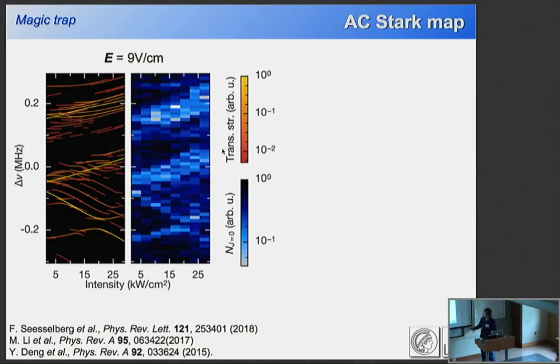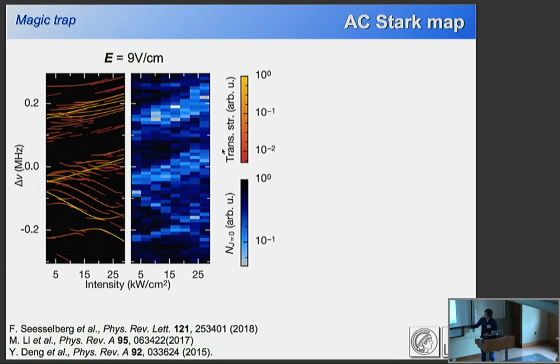First we measure the molecular rotation transition manifolds at very low electric field, and you can see this. We only show the strongest transitions. There are hundreds of levels, so you can see these hyperfine levels mixed together, and you can see the nice avoided crossings. This is the theory for the transition matrix elements.